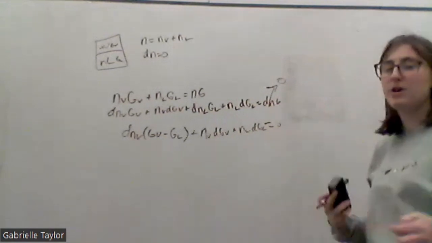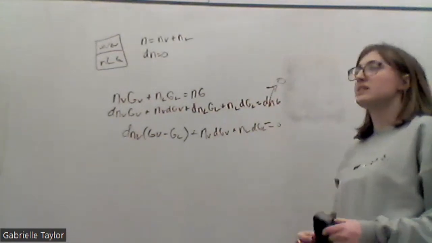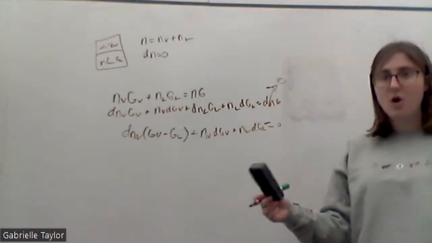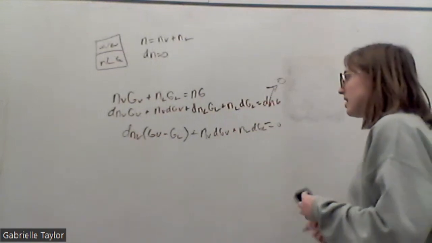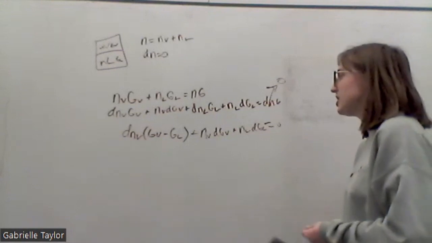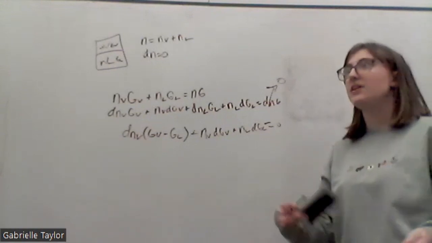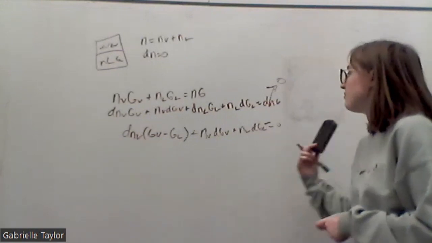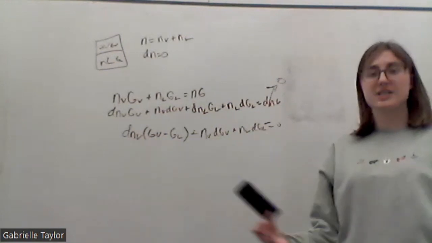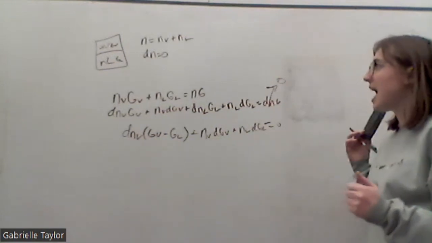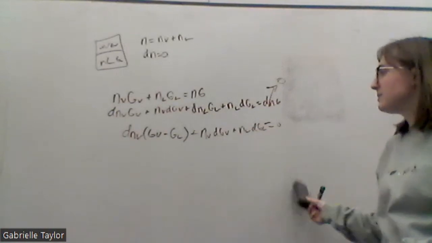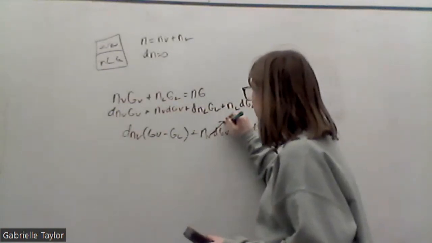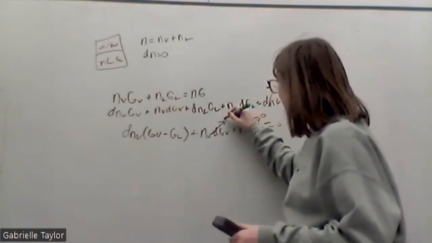So the next thing that we want to know is that this container has no heat added to it, so no energy is being added to the system. That means the differential change of energy in the Gibbs of the vapor and in the liquid are going to stay the same since there's no heat added. So this is also going to be 0.